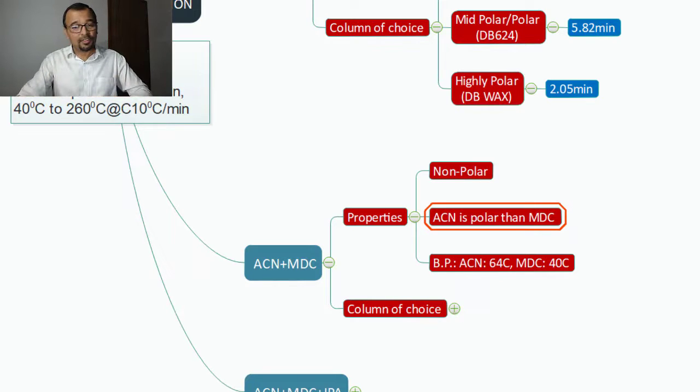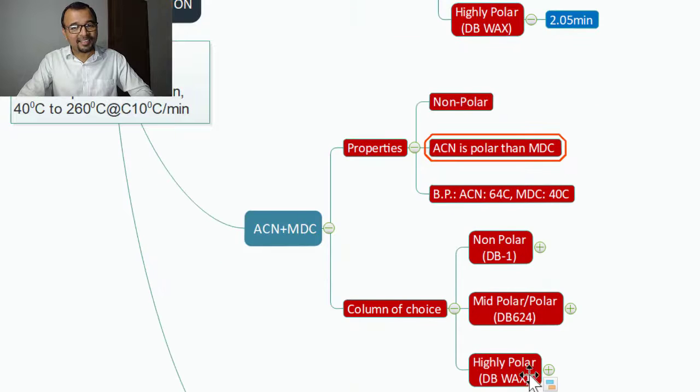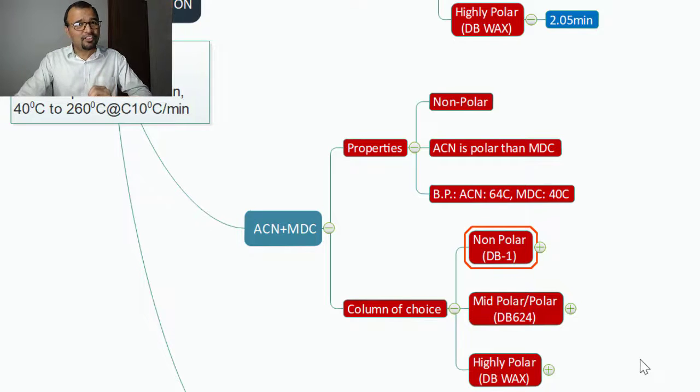Now let us discuss what is going to happen as far as the retention of these two compounds on these three different stationary phases. What do you expect the non-polar stationary phase to do in retaining ACN and methylene dichloride? What is more polar between ACN and methylene dichloride? It is ACN, right? So ACN is not going to have much interaction with the non-polar stationary phase. But methylene dichloride, which is less polar than ACN, can have more interaction with the non-polar stationary phase like DB1.